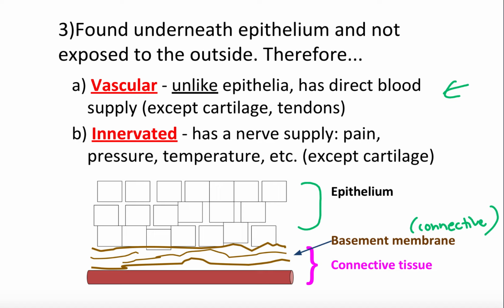which it can use to provide food to itself and to the epithelial cells above it. The one exception is cartilage and tendons. Those are the forms of connective tissue that are more dense than normal. And as a result, they lack as much blood supply, so they have a harder time repairing themselves. So if you rip a tendon or damage your cartilage, it has a hard time healing.